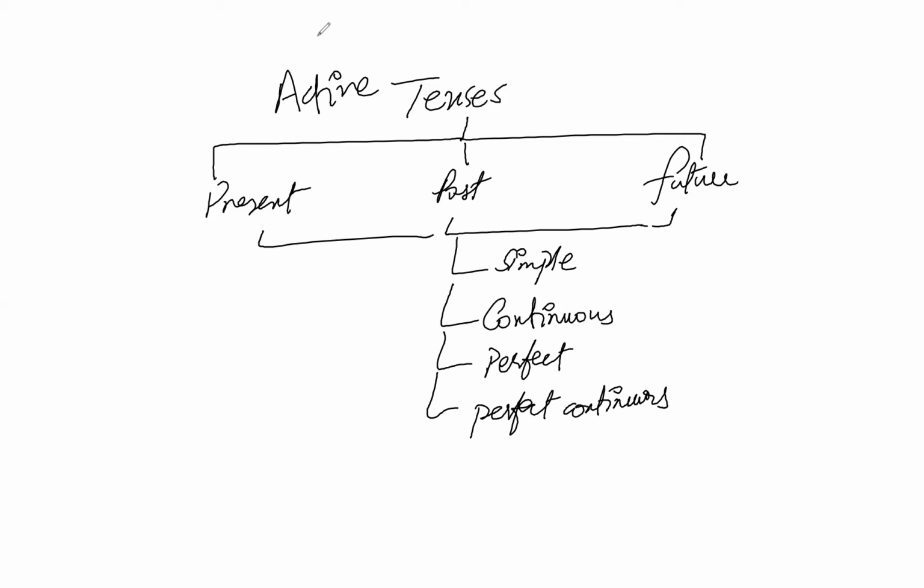But if we were to do passive ones, the one thing that you need to know is we do not have perfect continuous in them. You only have simple, continuous, and perfect. So first, let's see how simple active structures act. As we explored in the earlier examples, I drink water every day.